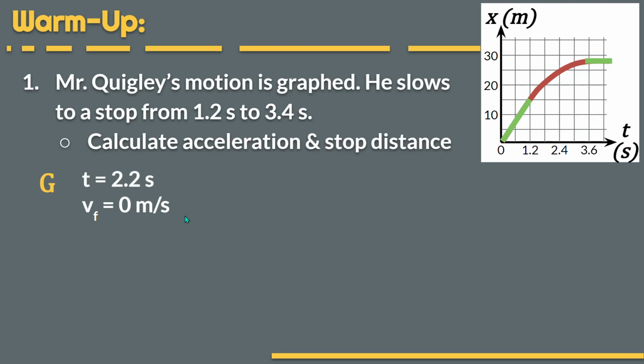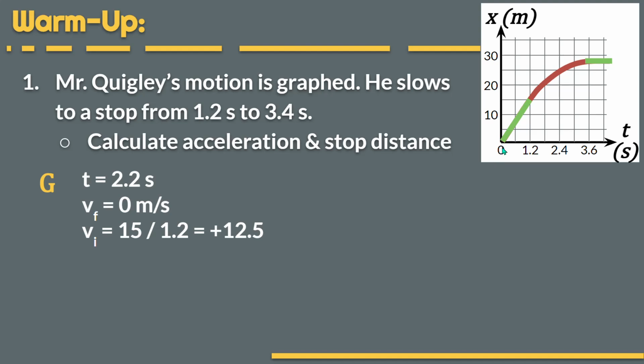Okay, I also can get an initial velocity from this graph, but it's not as straightforward. If I want to get that initial velocity, I have to find the slope of that green line because he's moving at some constant velocity as he enters that red portion of the graph. And so he has an initial velocity before that acceleration occurs. And that initial velocity is the slope of this green line. So you do that change in y over change in x, or rise over run.